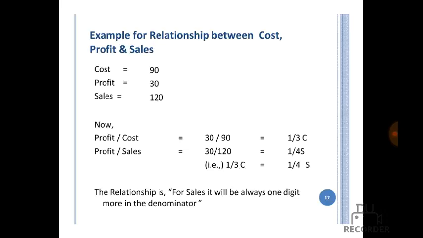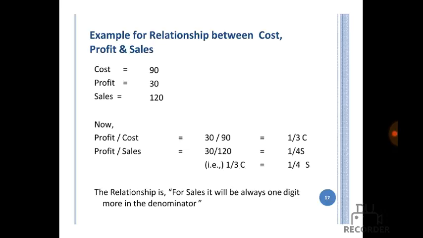Example for the relation between cost and profit. Cost is 90, profit is 30, sales is 120. Profit by cost is 30 by 90, which is 1 by 3 on cost. Profit by sales is 30 by 120, which is 1 by 4 on sales.